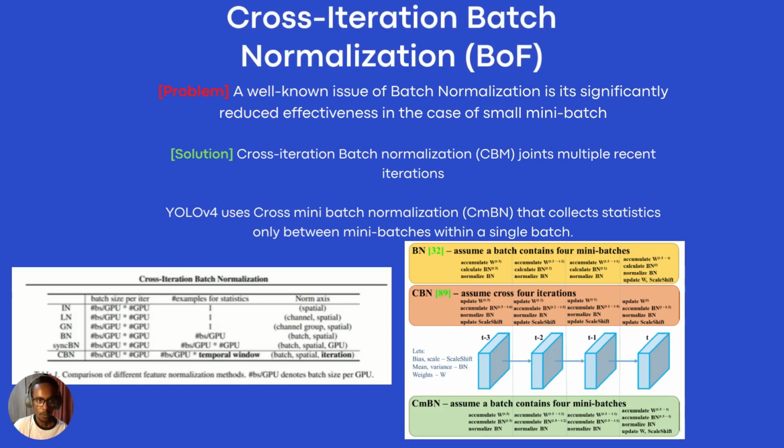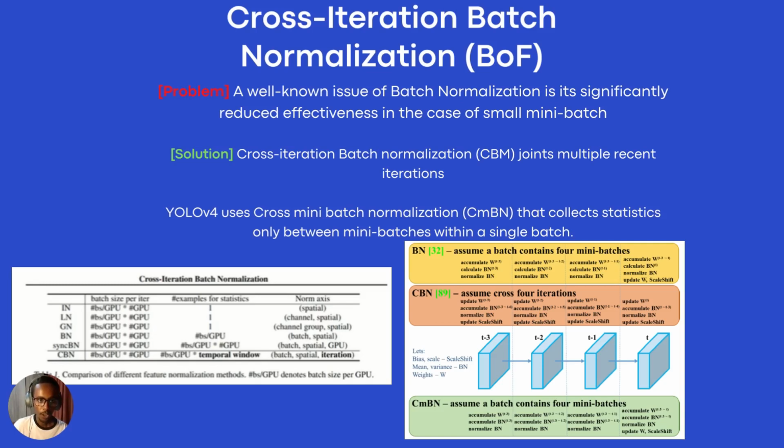Another technique that was introduced in the YOLOv4 paper was cross-iteration batch normalization. We have seen previously that batch normalization was used in YOLOv2 and YOLOv3, but a well-known issue for batch normalization is that it significantly reduces the effectiveness in the case of a small mini batch. So when we train our model, we will have a training set, and we divide the entire training set into mini batches.